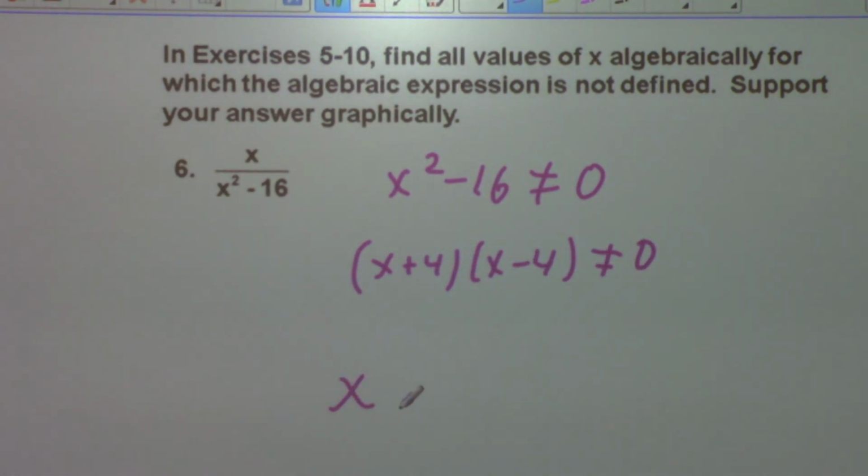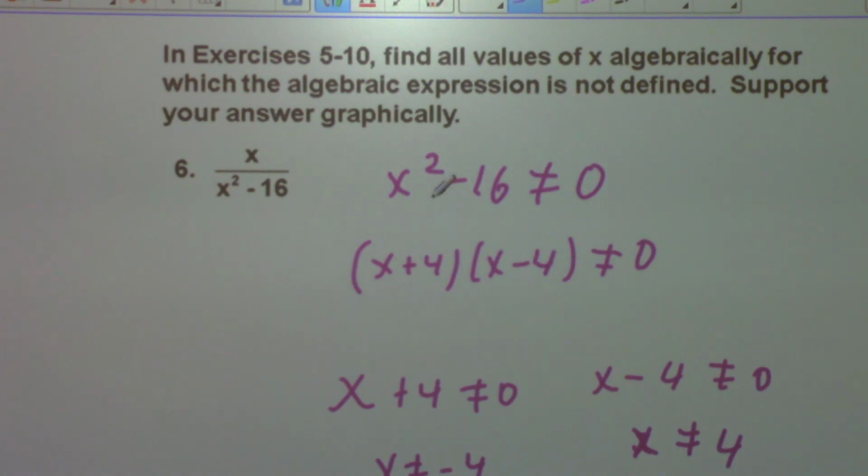So x plus 4 cannot equal 0, and x minus 4 cannot equal 0. So x cannot equal negative 4, and x cannot equal 4. And so this is what's not defined, so what is our answer here? X equals plus or minus 4. Okay?